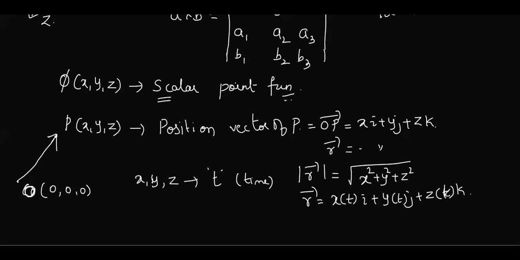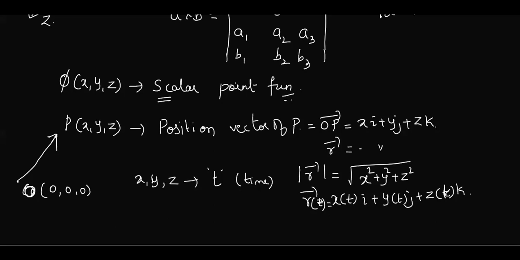Can you tell me r will now be a function of what? R bar is in terms of xi plus yj plus zk, and x, y, z are functions of t, so r will ultimately be a function of t only. This is r of t.